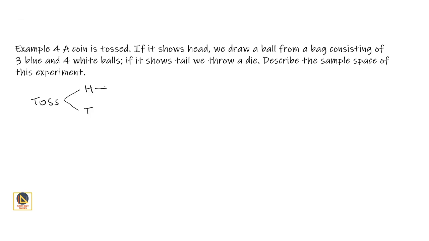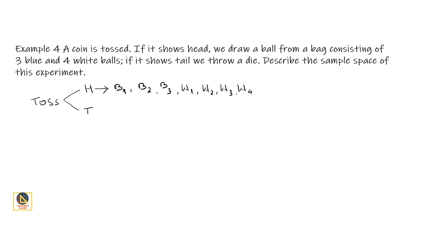If head comes, then we have to draw a ball from a bag, and the bag contains 3 blue and 4 white balls. We denote it like this. We may draw blue denoted by B, so B1 first ball, or B2 second ball, or B3 third ball, and we may draw a white ball, first white ball W1 or W2 or W3 or W4.